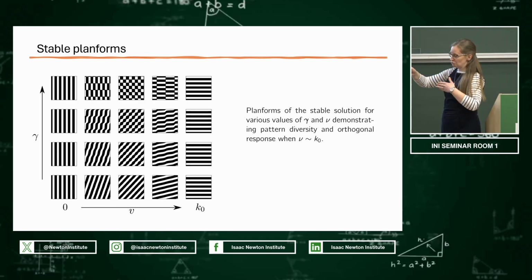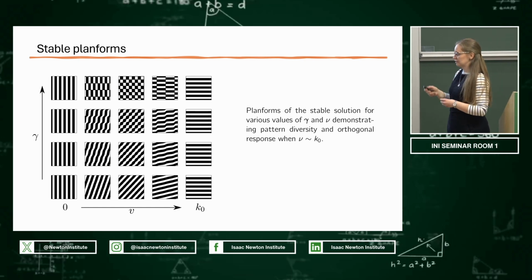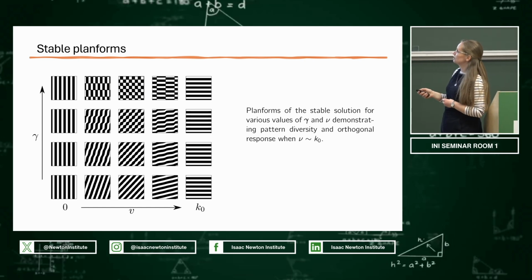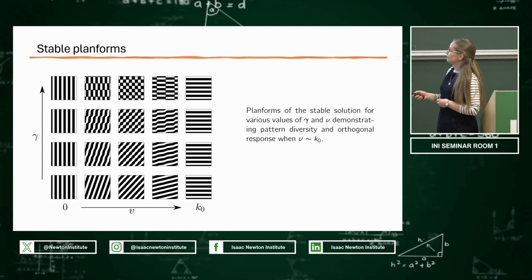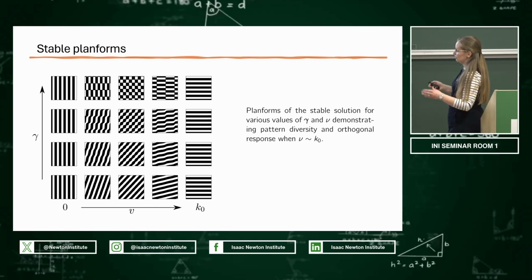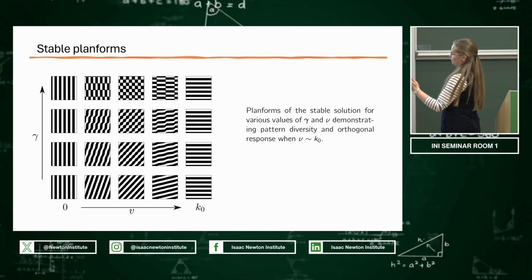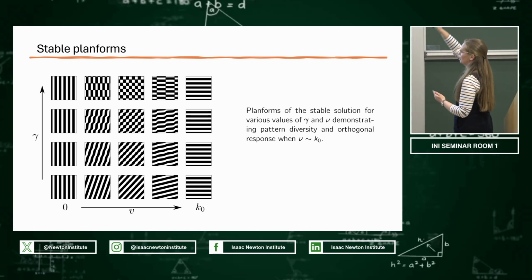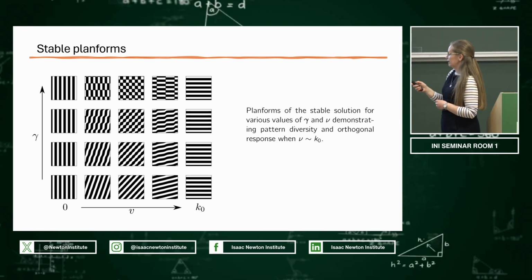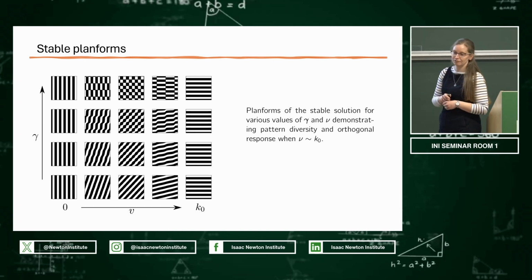So we can make planforms for each of the stable patterns for a variety of parameter values. Here we have the forcing strength. As we increase that, we go from the obliques to the rectangles. But as we change nu, going towards k0, so that's the resonance mismatch going right, making it quite big and taking our wave vector to have a very large ky component, we get these horizontal responses.